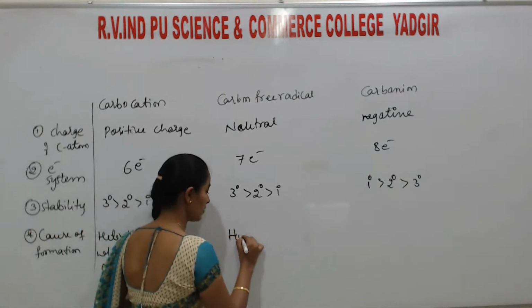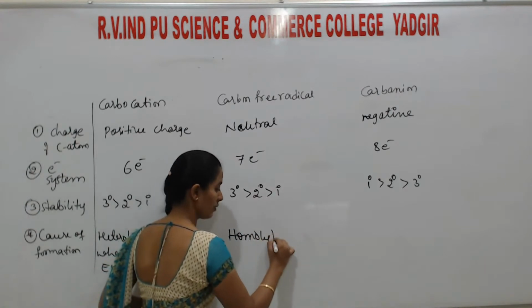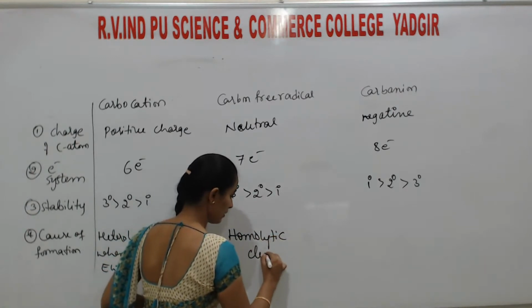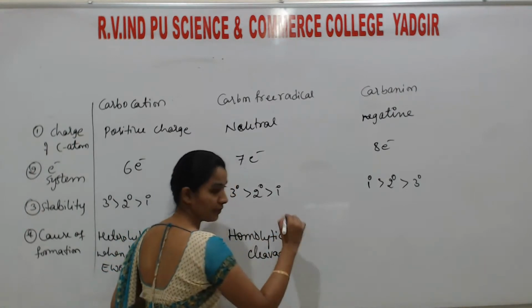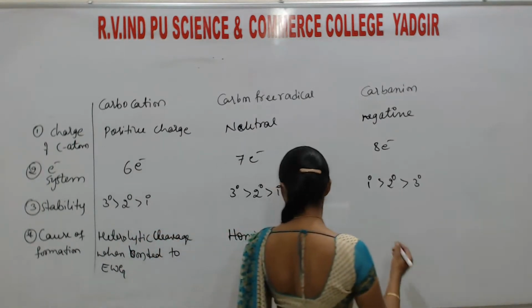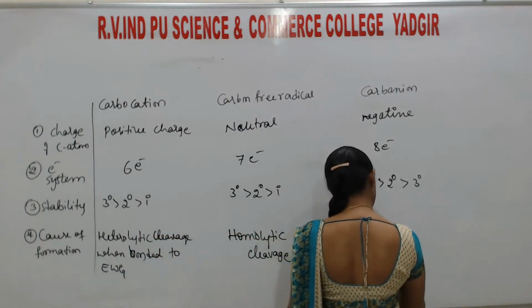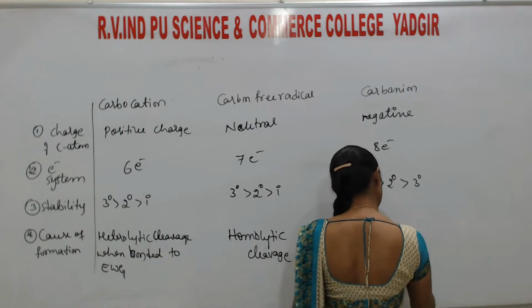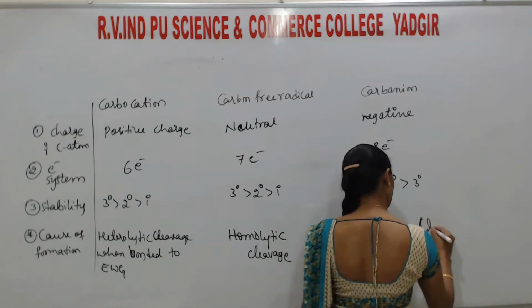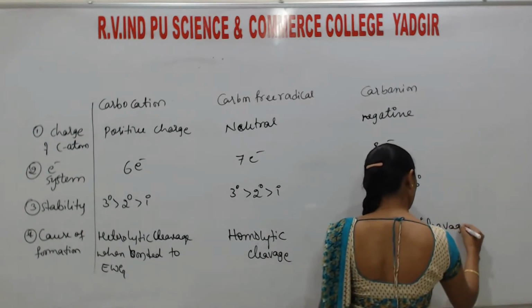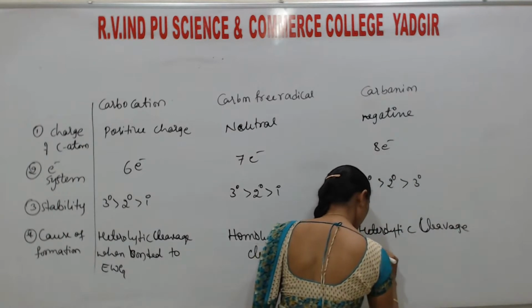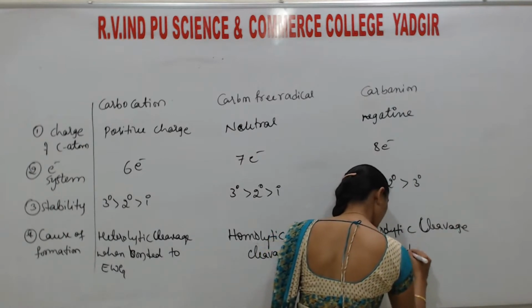So this one is homolytic cleavage, and this one is heterolytic cleavage when bonded to which group?